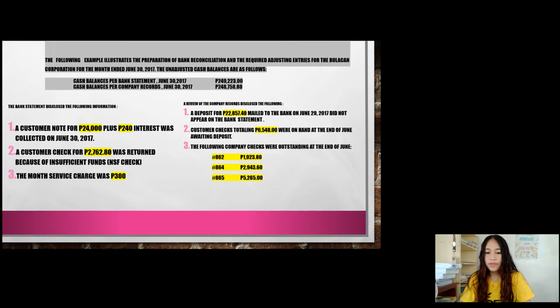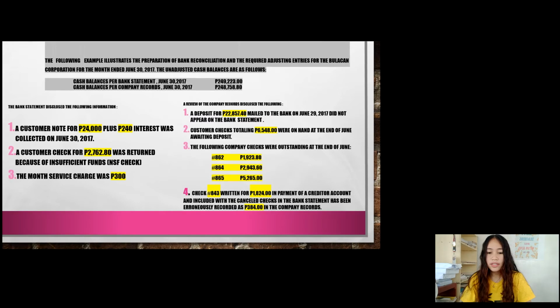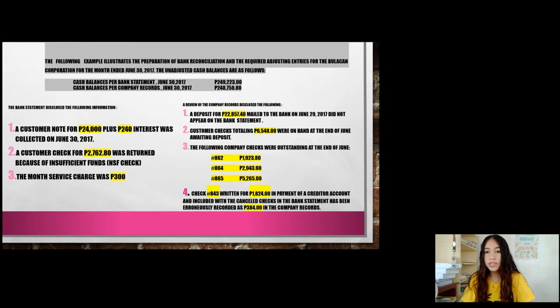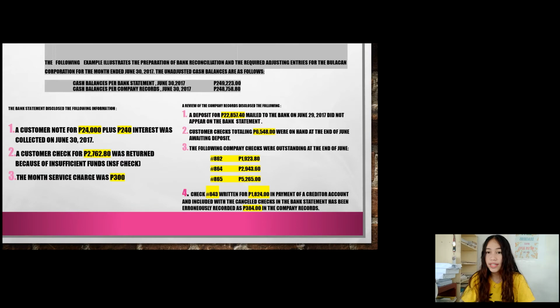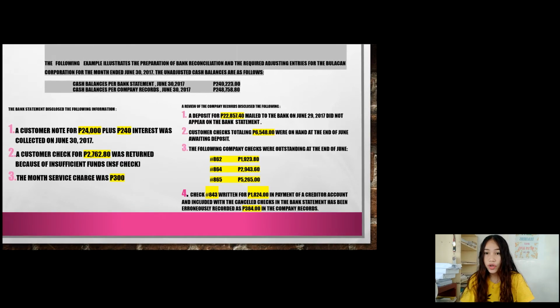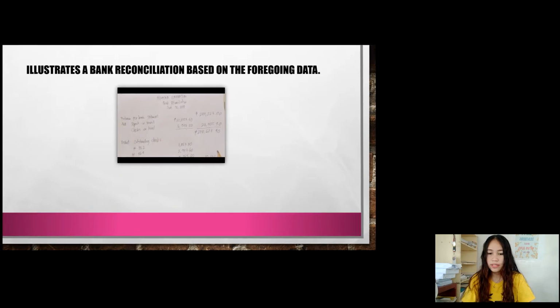And fourth, check number 843, written for 1,824 pesos in payment of a creditor account and included with the cancelled checks in the bank statement, has been erroneously recorded as 384 pesos in the company records.